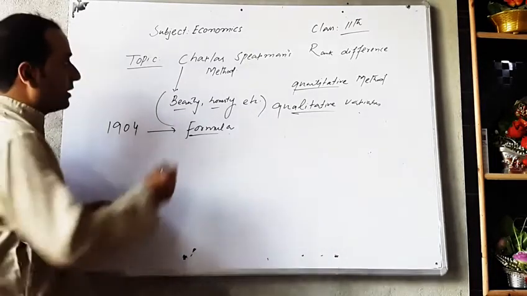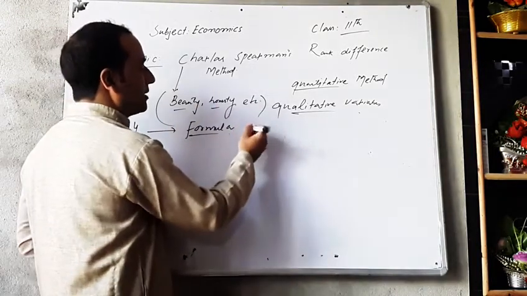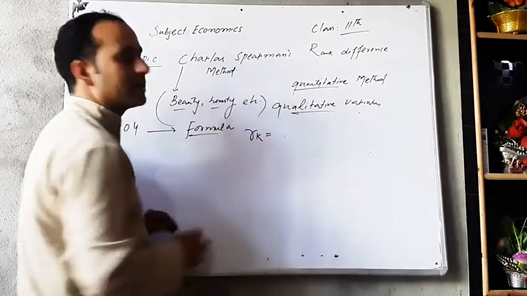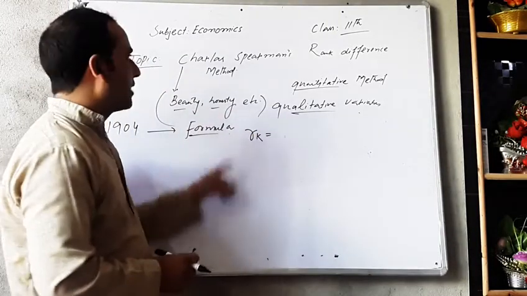The formula for calculating this under Spearman's method is what he called the rank difference method.